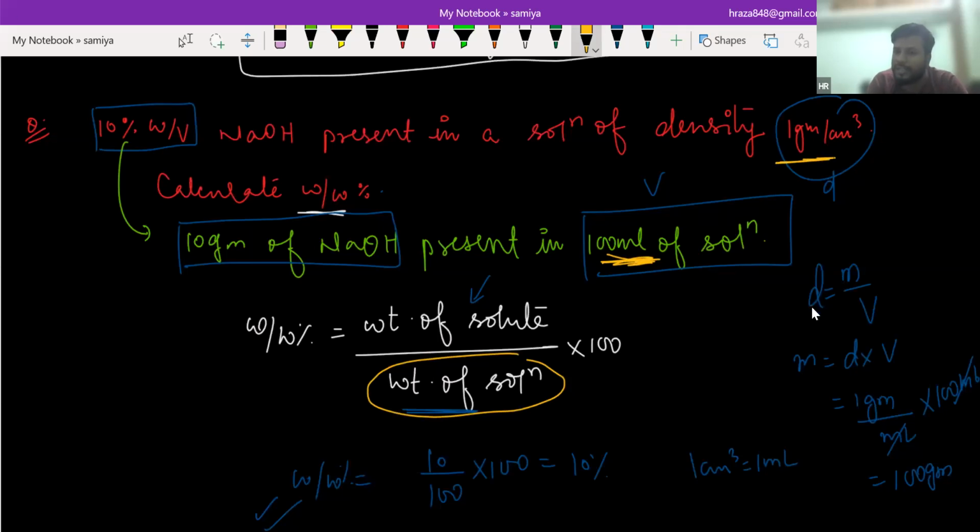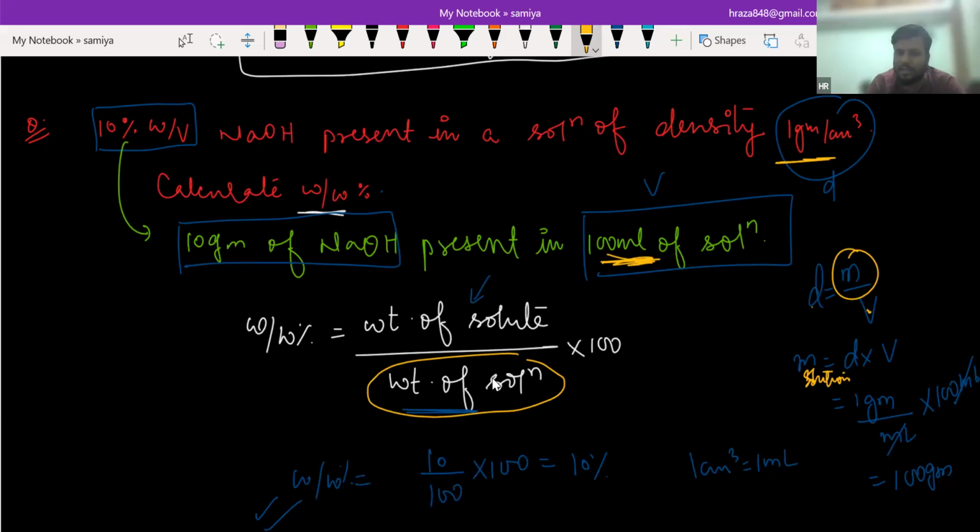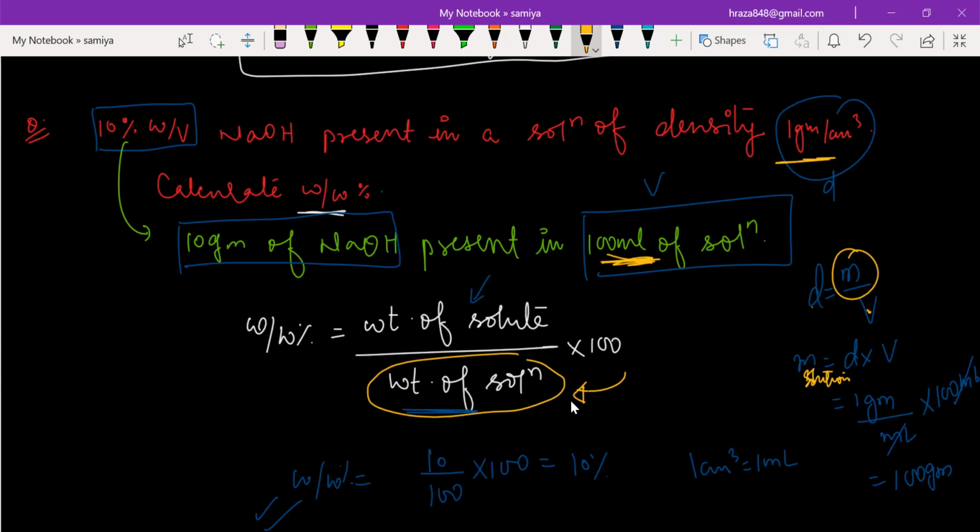So with the help of density of solution and volume of solution, we can calculate mass of solution. Yes or no? Yes. So mass of solution or weight of solution, that is same. So we just put the value of mass of solution, because in weight by weight percent, in denominator we need to put the value of solution. Okay. Yes.